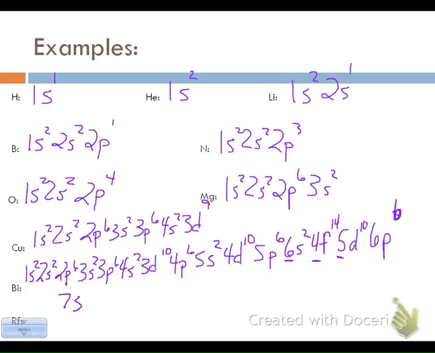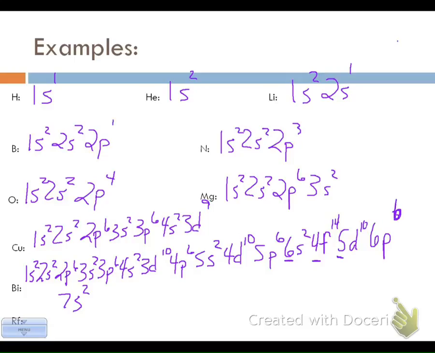Then the tricky one here is Ac, actinium. Actinium, element 89, is actually a 6d1 element here, but we're going to go past that. So I'm just going to kind of hold off on that one.